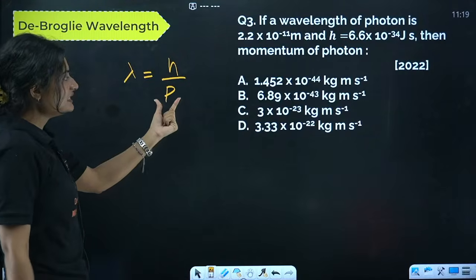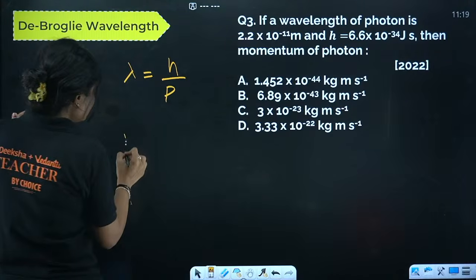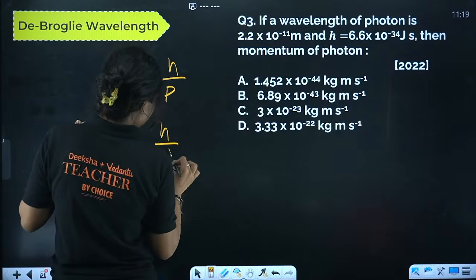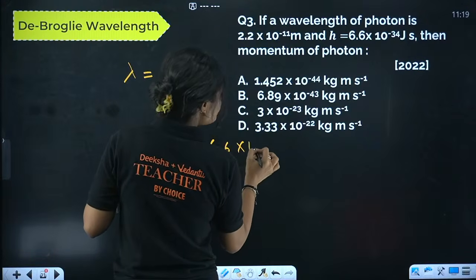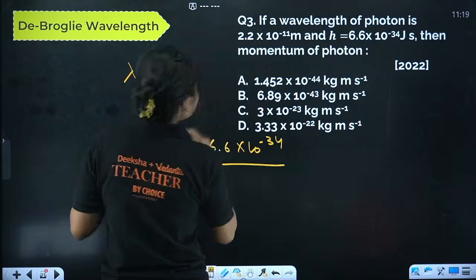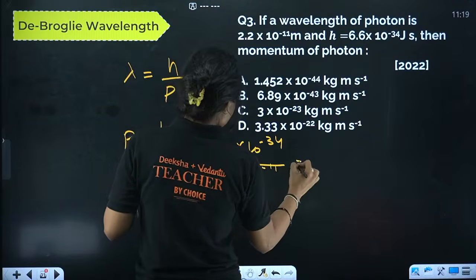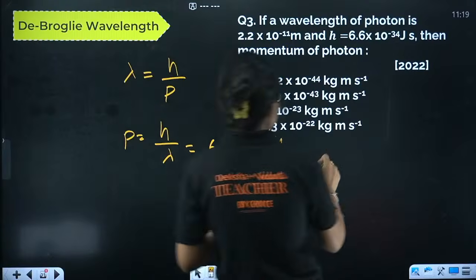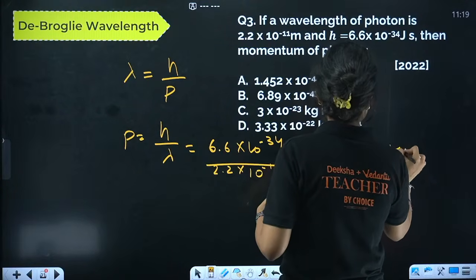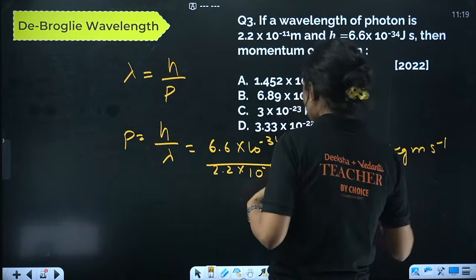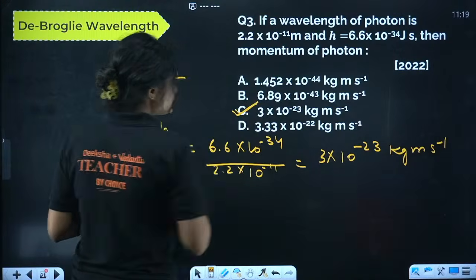We need the momentum of this photon, so momentum will be h by lambda. h is 6.6 times 10 raised to power minus 34, and lambda is 2.2 times 10 raised to power minus 11. If I calculate it, it will come out to be 3 times 10 raised to power minus 23 kilogram meter second inverse. That is option C. Yes, correct.